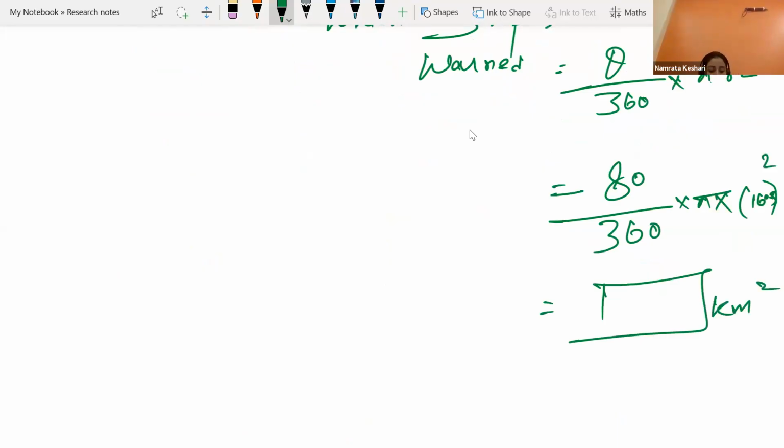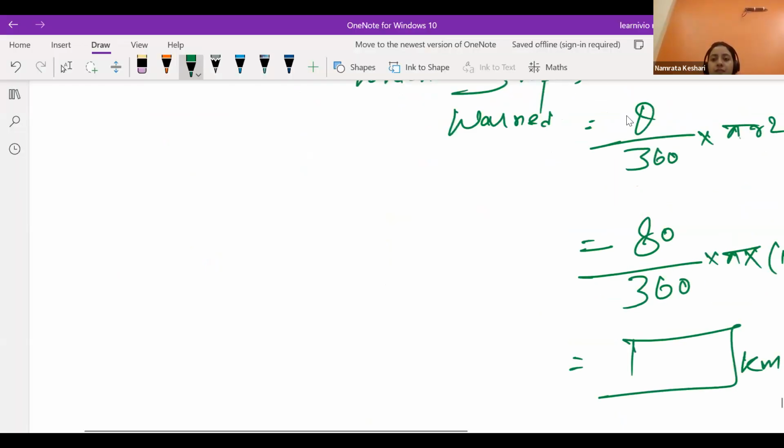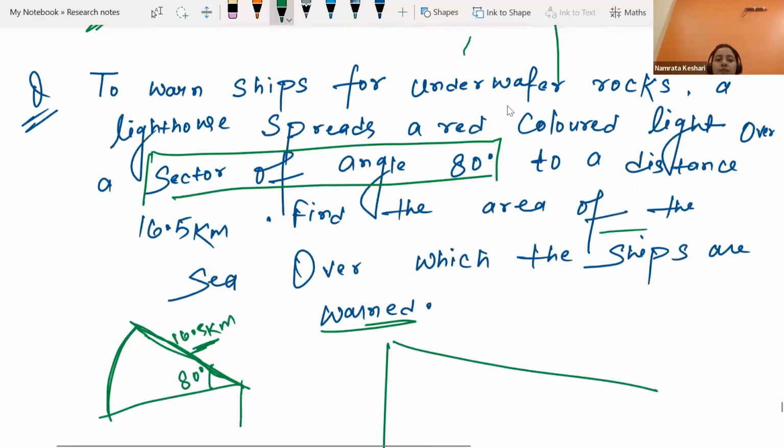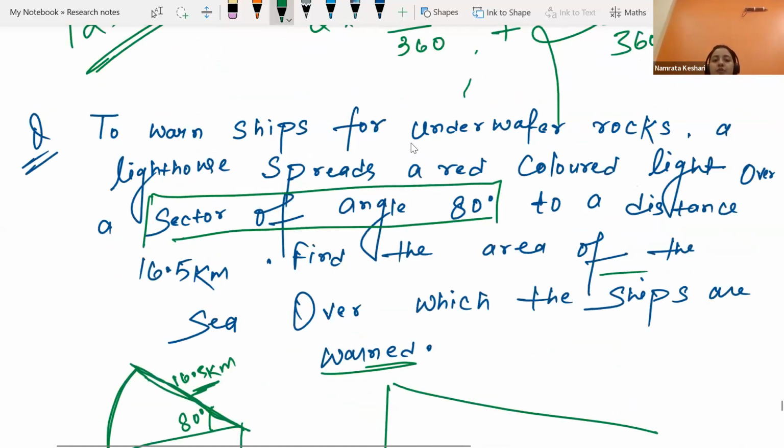Will you be able to do it by yourself? What are you taking the radius as? 16.5. See, here it is given that to warn ships of underwater rocks, a lighthouse is spreading a red colored light over a sector to a distance of 16.5.